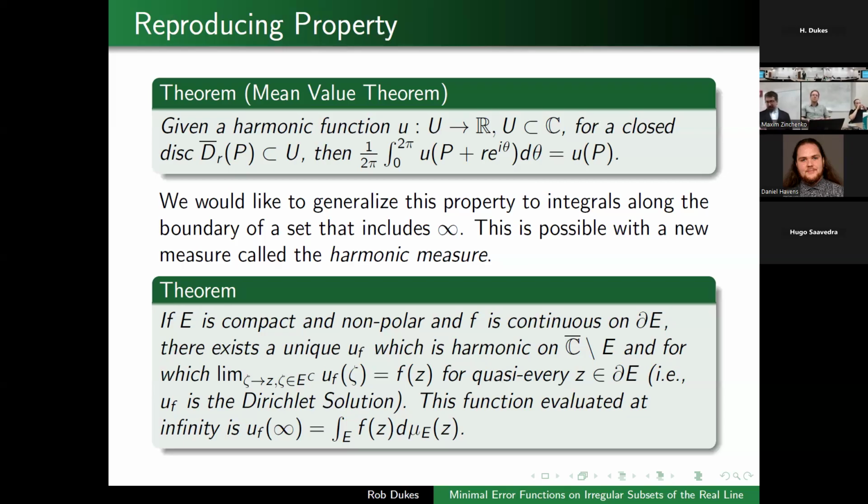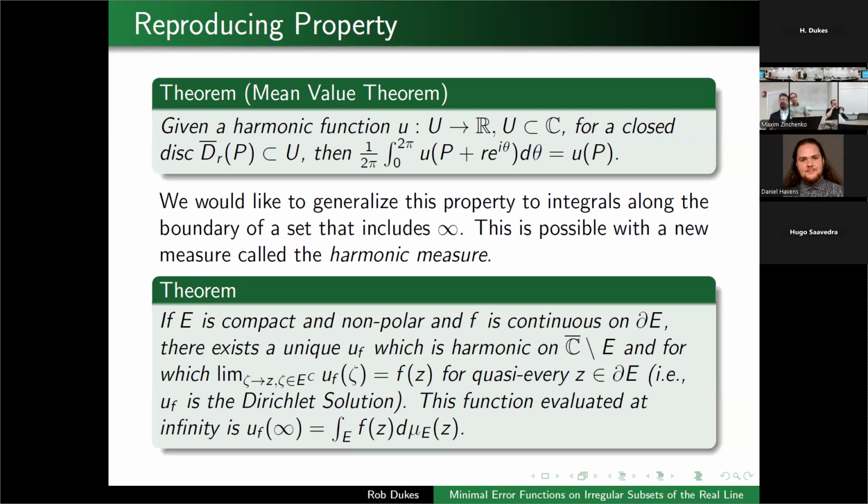And here's the Dirichlet solution. The limit, if you're approaching any point in E from outside of E, is the same as that value. So we're not necessarily saying that it's equal, but the limit exists, and that kind of extends it.